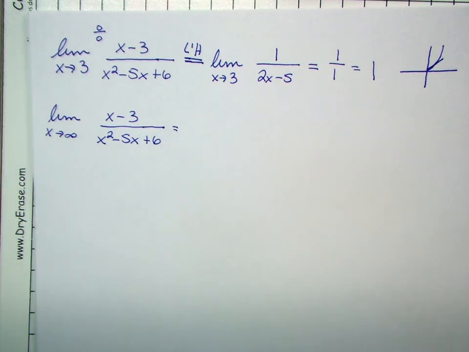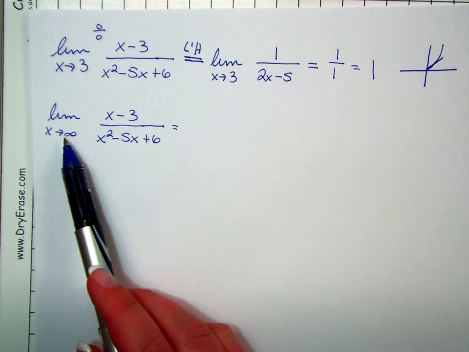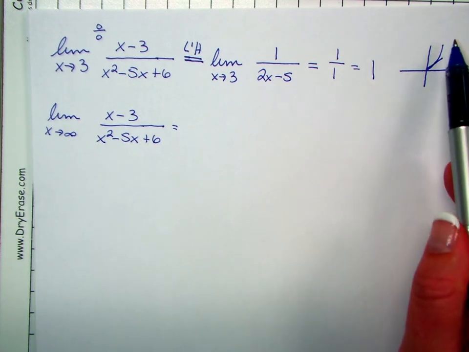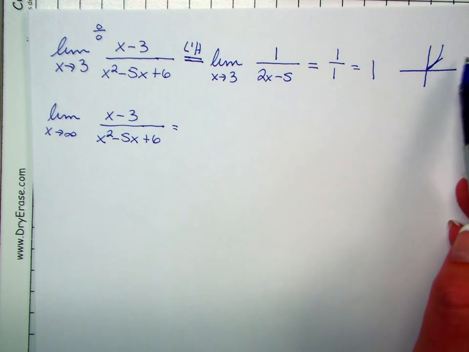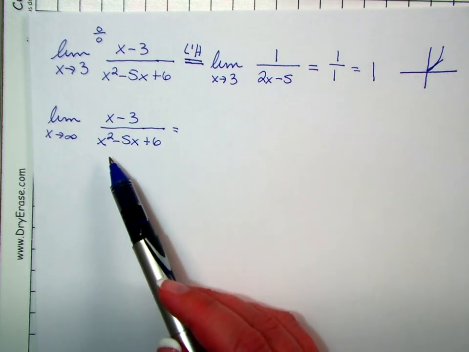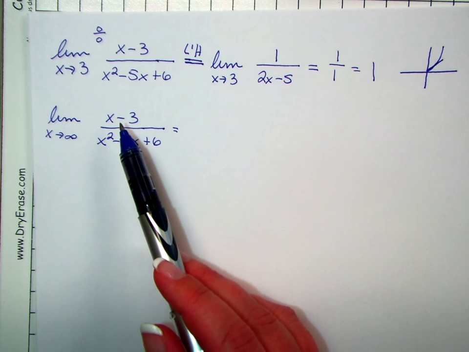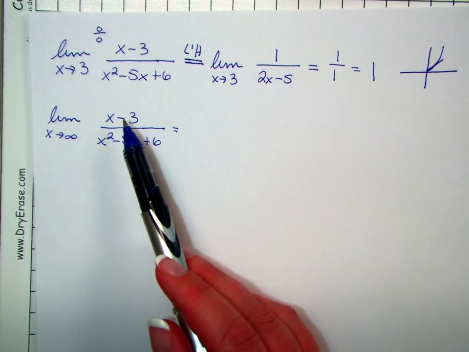So remember, this is kind of how we determined whether a function had a horizontal asymptote or not, right? The limit as x goes to infinity. What is this function doing on the outskirts? Is it approaching a number or not? So this tests for asymptotes. And the rule is, if the top is lesser degree than the bottom, then we have an asymptote at 0.